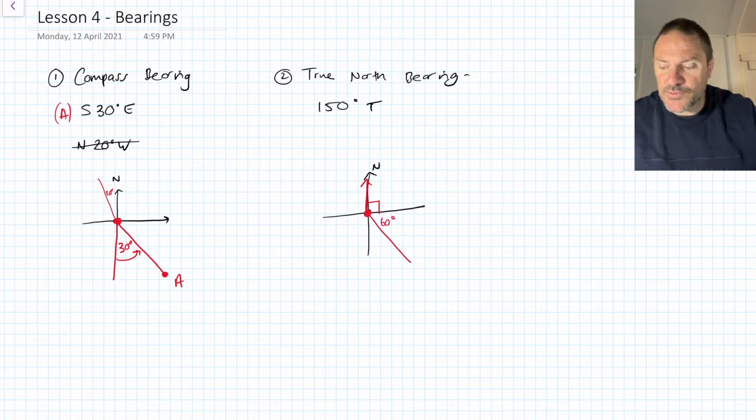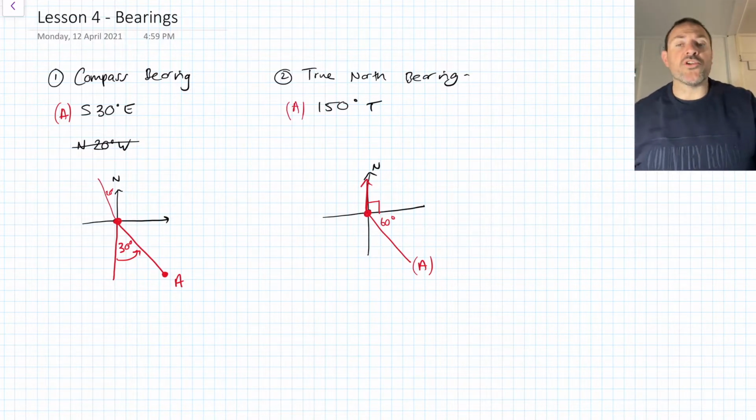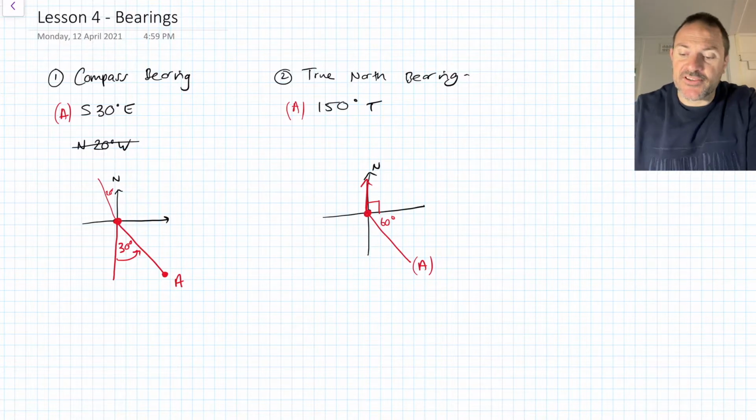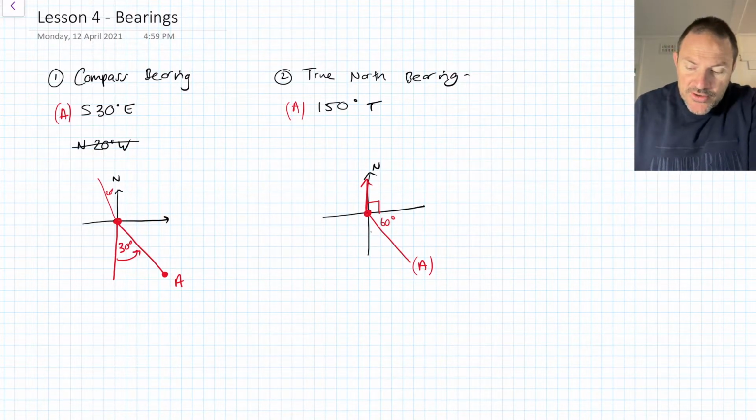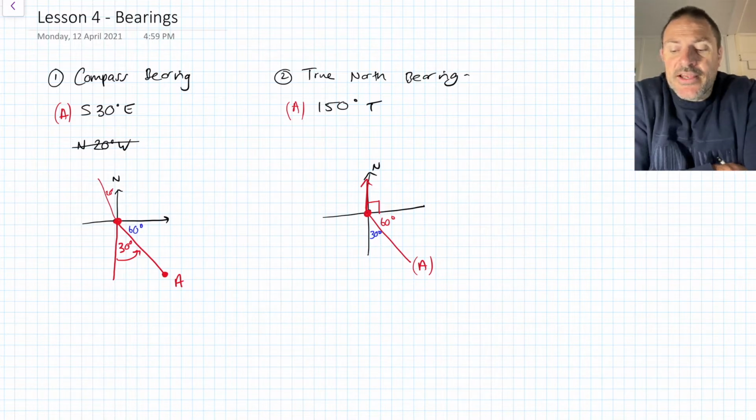That will give me my bearing A. What you might notice is that those two bearings are exactly the same, because the complementary angle inside here is 30 degrees, and in the first example it was also 60 degrees. So south 30 degrees east is the same as 150 degrees true north.